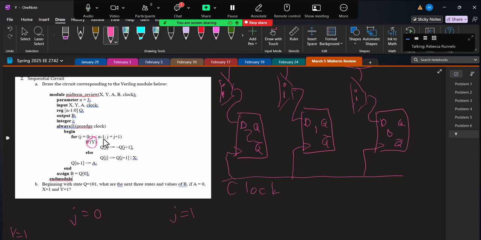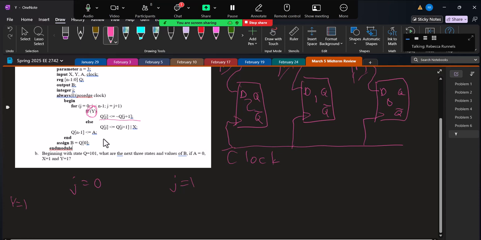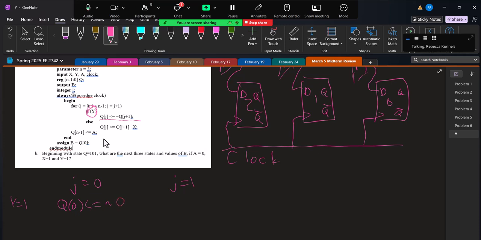Then since we're at y equals 1, it's telling us what to put into the 1 port of the multiplexer. We're at j equals 0. It says q of 0 becomes equal to the NOT of q of 1.